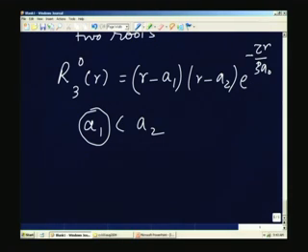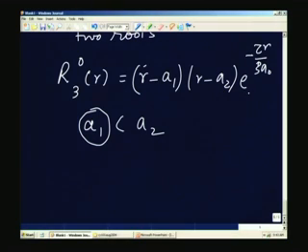So the graph is positive from 0 to a1. When r is between a1 and a2, one factor is positive, the other negative, and the exponential is always unchanging in sign.